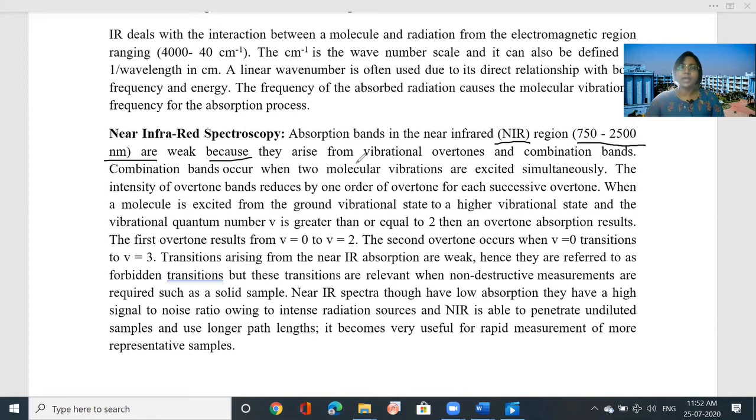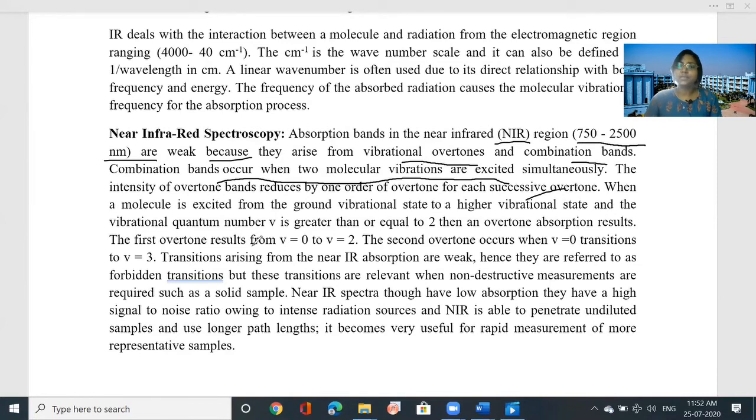Because the bands arise from vibrational overtones and combination bands. Combination bands occur when two molecular vibrations are excited simultaneously. The intensity of overtone bands reduces by 1 order for each successive overtone.